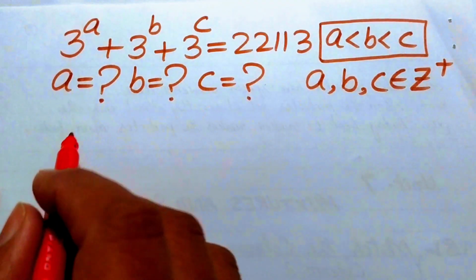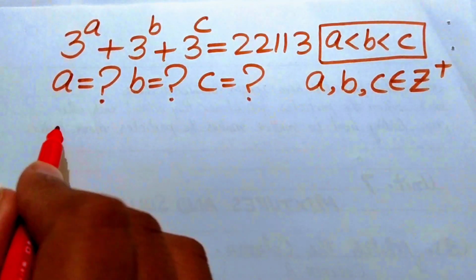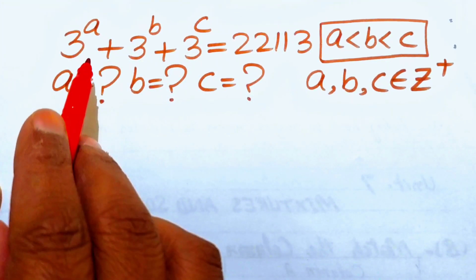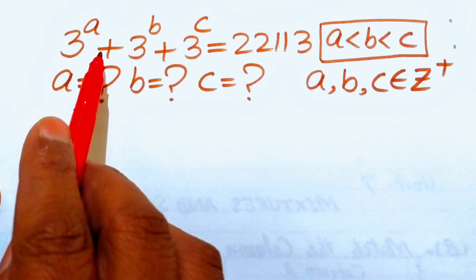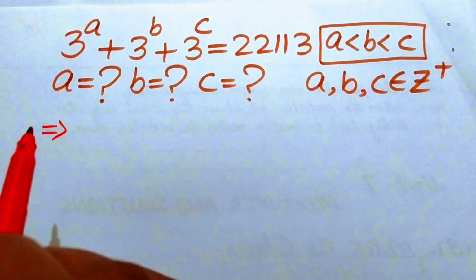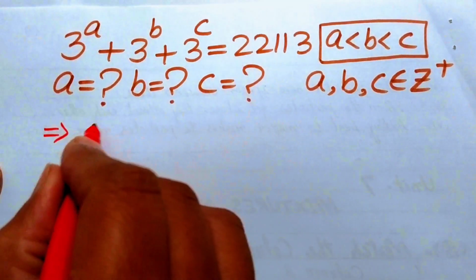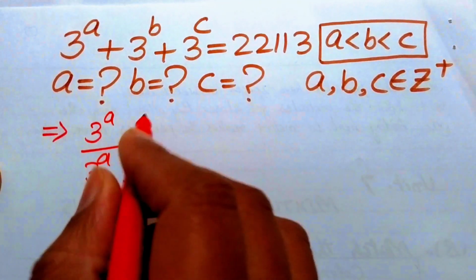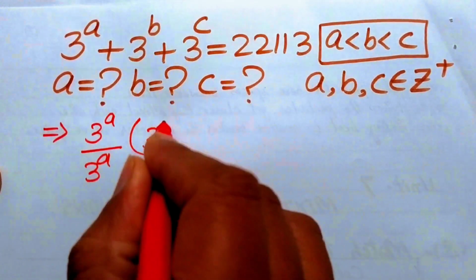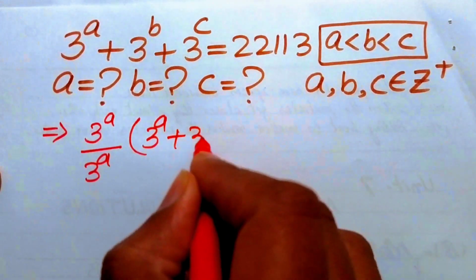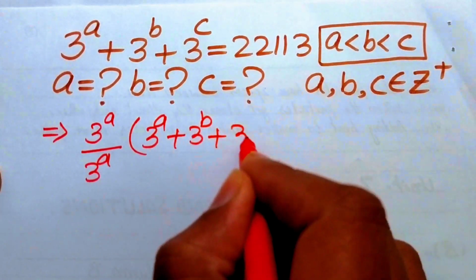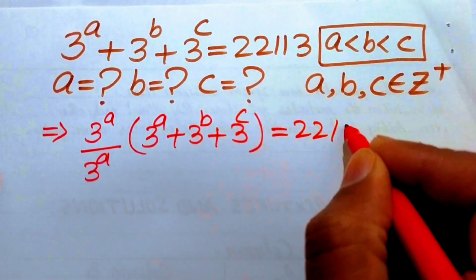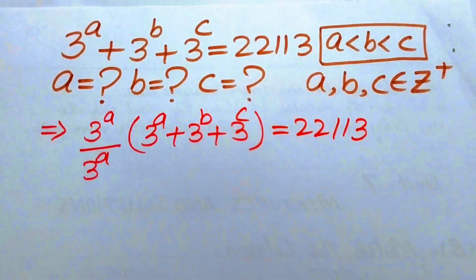The very first thing we are going to do is multiply and divide the left hand side of this equation by 3 to the power of a, and we write it as 3 to the power of a divided by 3 to the power of a, times 3 to the power of a plus 3 to the power of b plus 3 to the power of c equals 22,113.